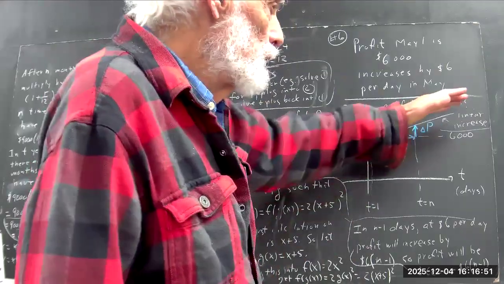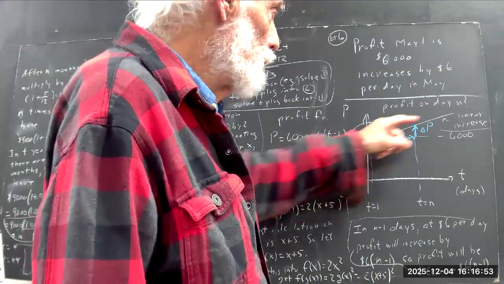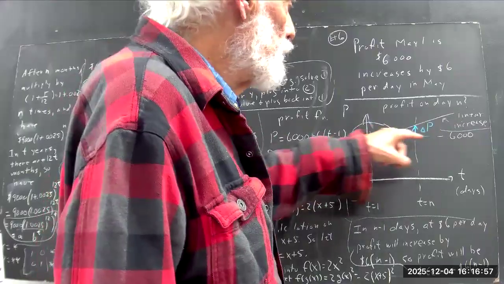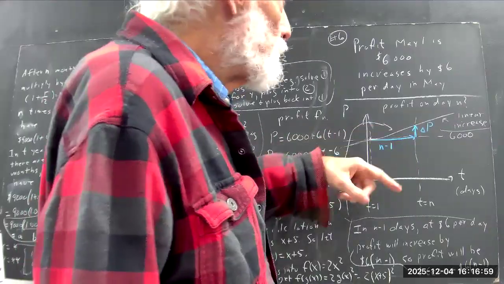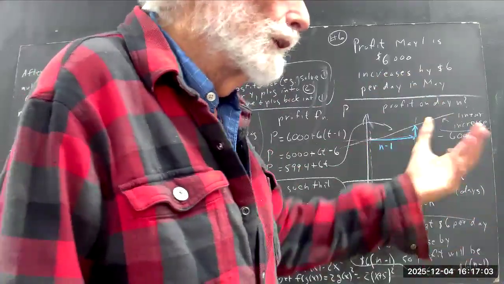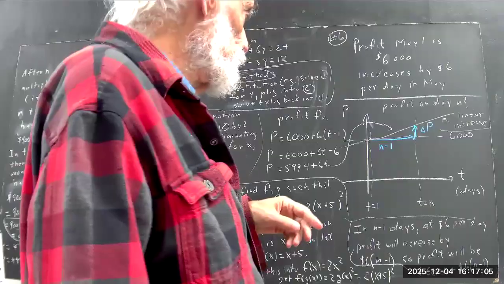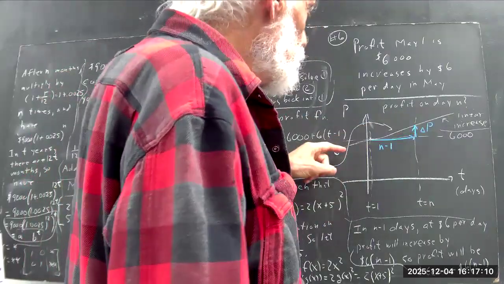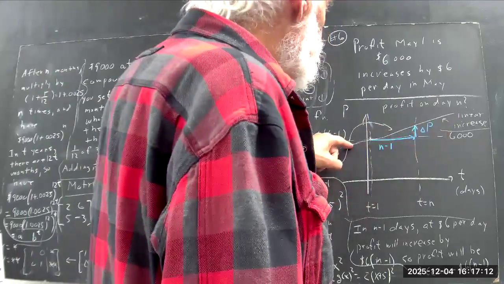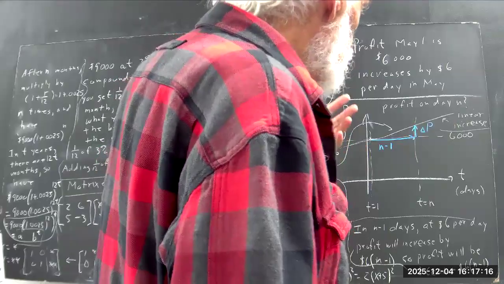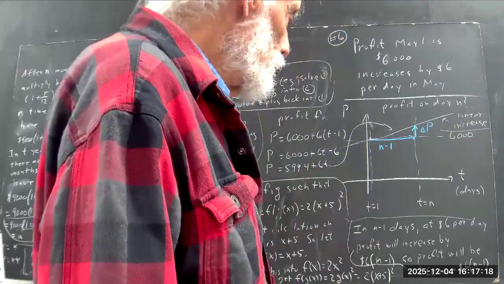We don't have enough information to do that on the graph unless we know what the function is. Now, this line represents a linear increase in the profit. It changes by the same amount every day. At least we're assuming that. That's probably not a realistic assumption, but on the average, that might be the case. Okay, so we have this linear increase, and here's this function, and let's figure out what the formula is.